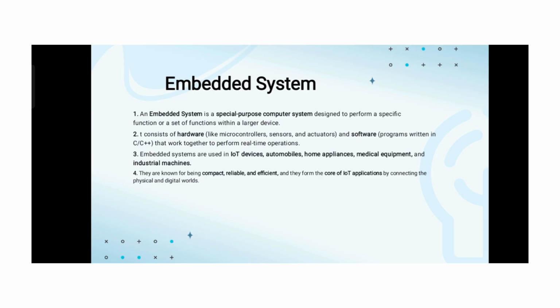Embedded systems are used everywhere in home appliances, automobiles, medical equipment, and industrial machines. They are compact, reliable, and power efficient, forming the backbone of IoT devices. In our case, the Arduino Uno acted as the core embedded system controlling the sensors and devices.